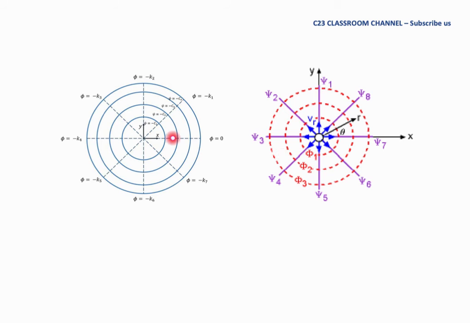For example, we have a situation where the molecule rotates in circular motion like this. Because the psi here will show the real flow rate, it means that the circular path here will become the stream function or streamline.